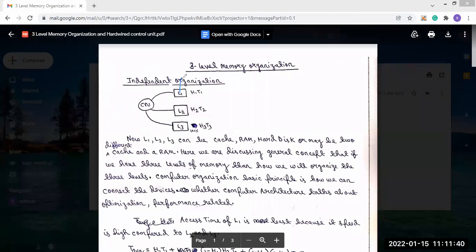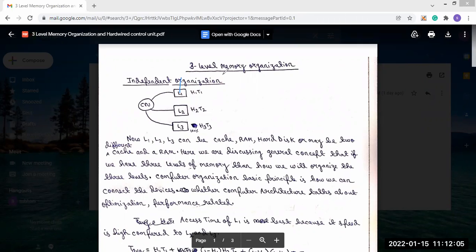And among these three, L3 has the maximum storage, but its speed is less than L1 and L2, and its access time is also more than L1 and L2. So you should keep these things in mind.